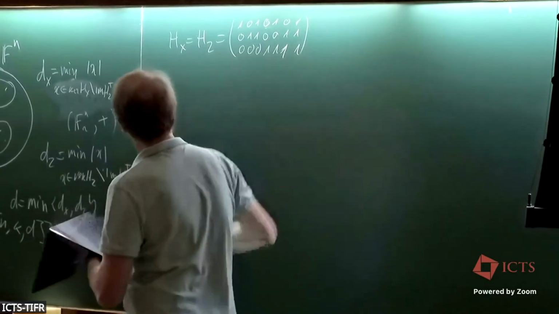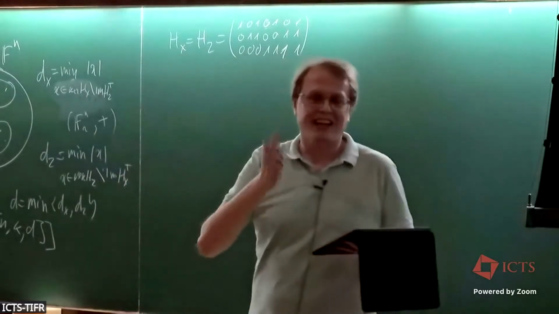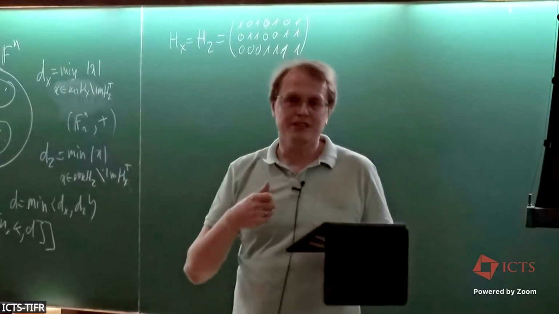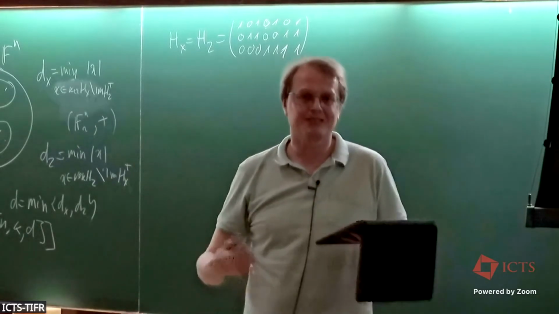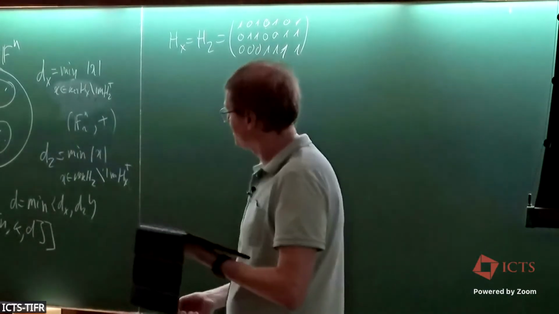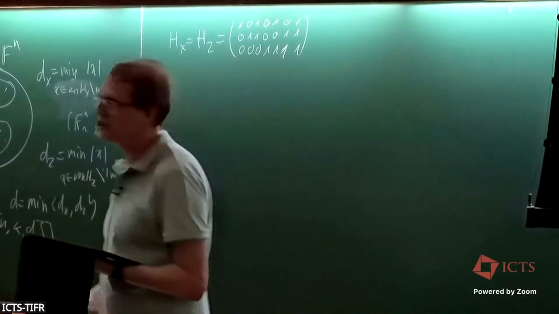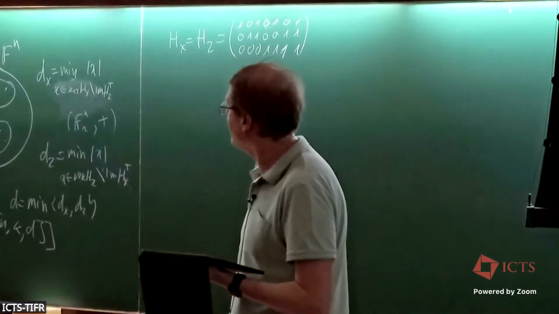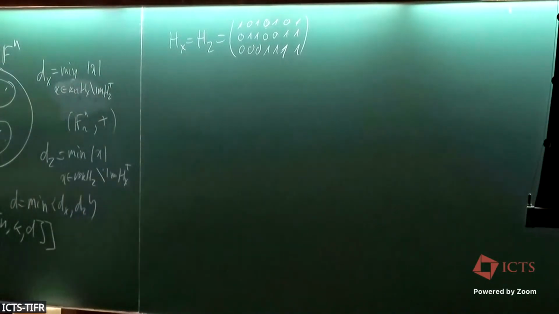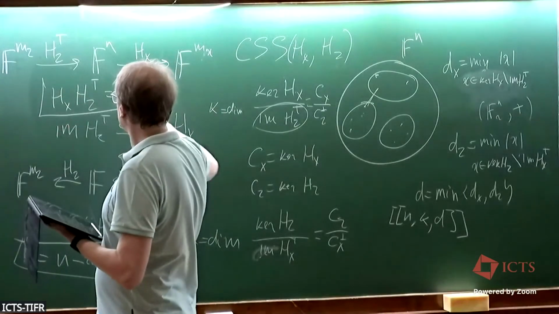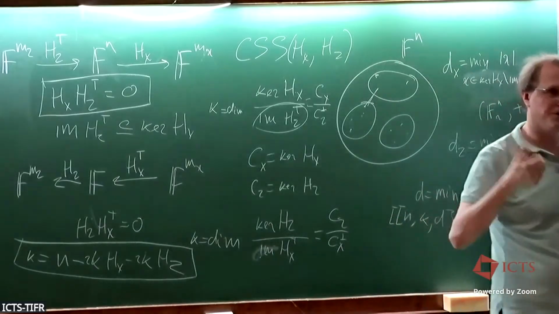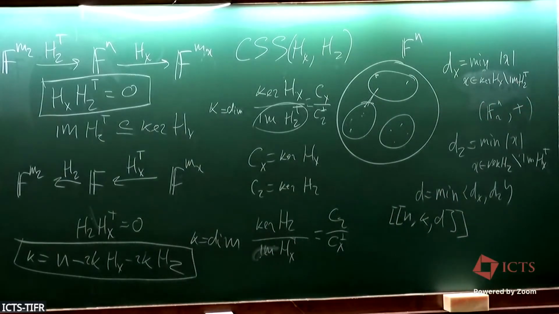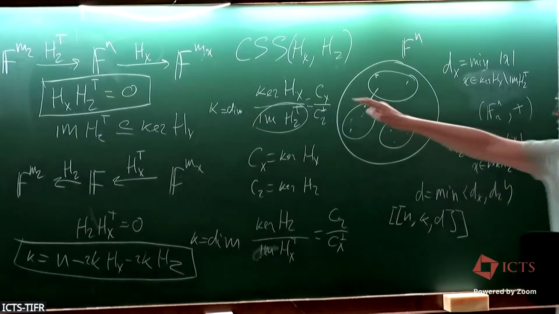Let's take HX and HZ to be the parity check matrix of a Hamming code. And surprisingly, we can use it, and we can check that it satisfies our definition. But I should warn you that we cannot use just an arbitrary parity check matrix. This is one of the main problems with quantum codes. They should satisfy this condition.